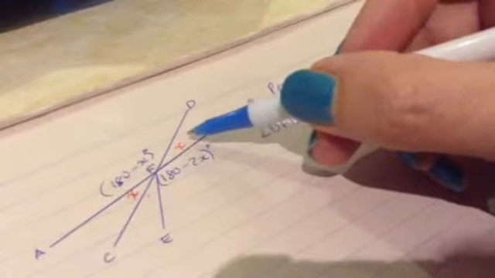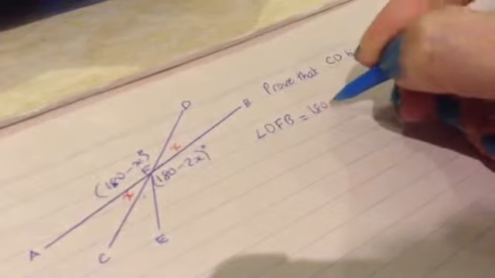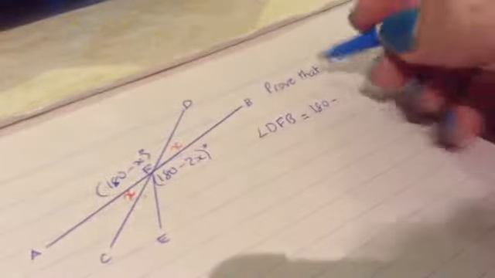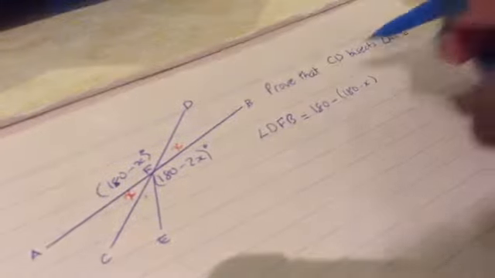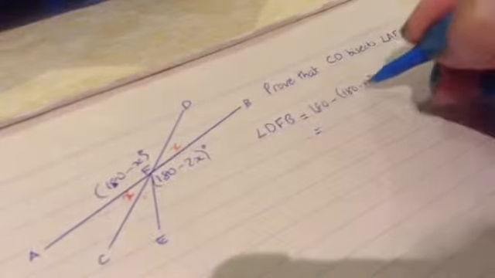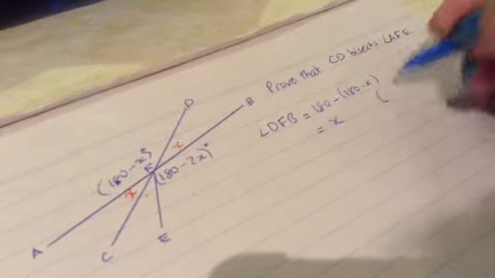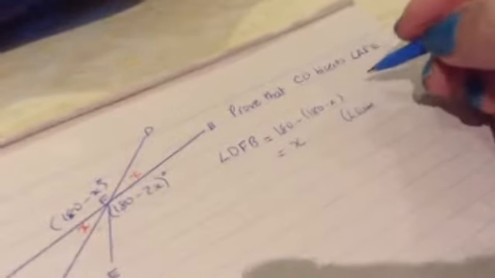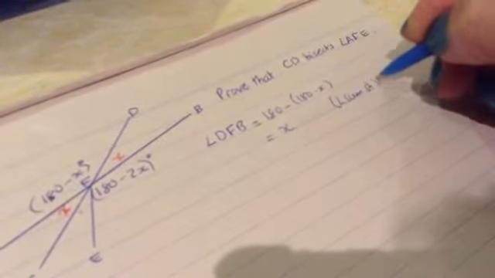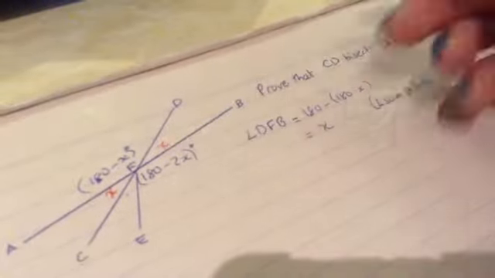So you'd say 180 minus the angle that they've got there already, which is 180 minus x, and you will get an answer of x. Don't forget to state the property: angle sum of a straight line. And the straight line that we're looking at is AB, so we need to state that.